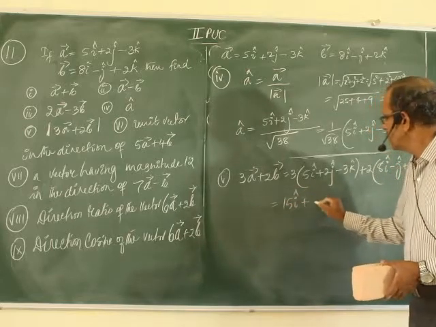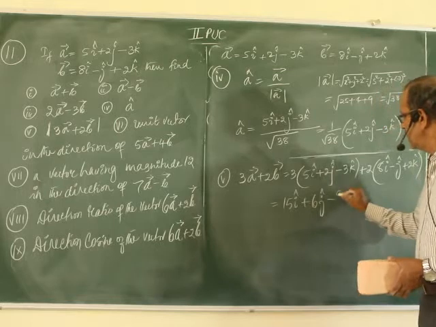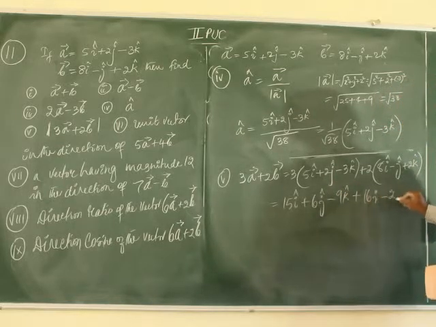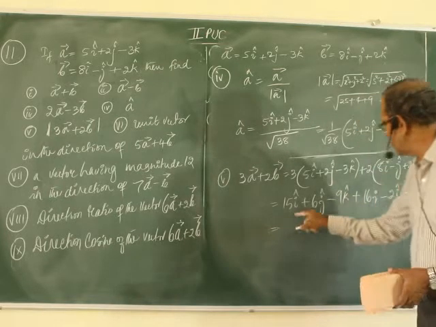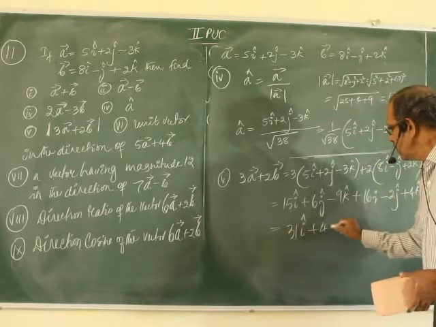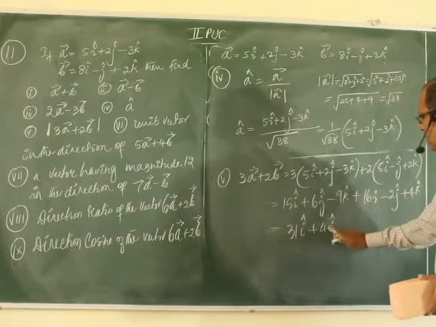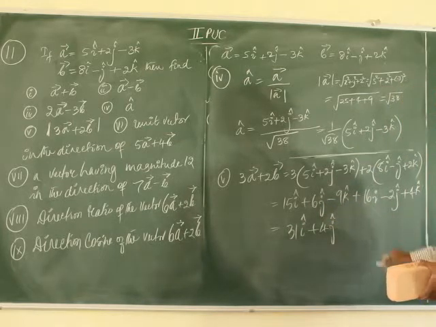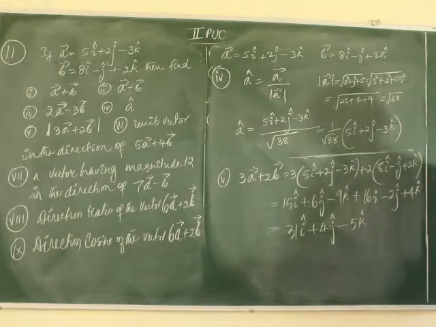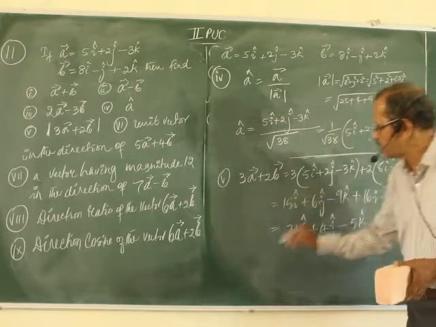That is 15i plus 6j minus 9k plus 16i minus 2j plus 4k. Or it is 31i plus 4j minus 5k. 15 plus 16 is 31, 6 minus 2 is 4, minus 9 plus 4 is minus 5. This is 3a plus 2b.